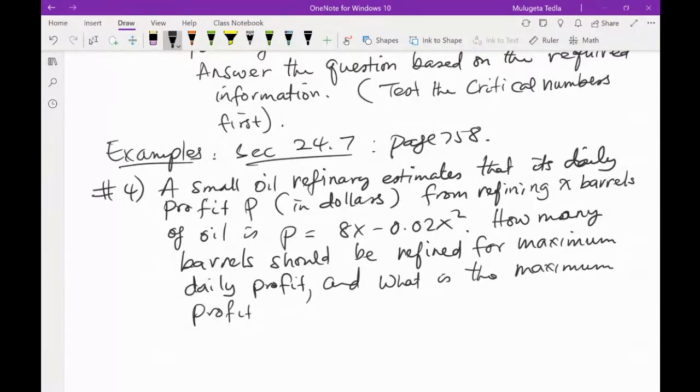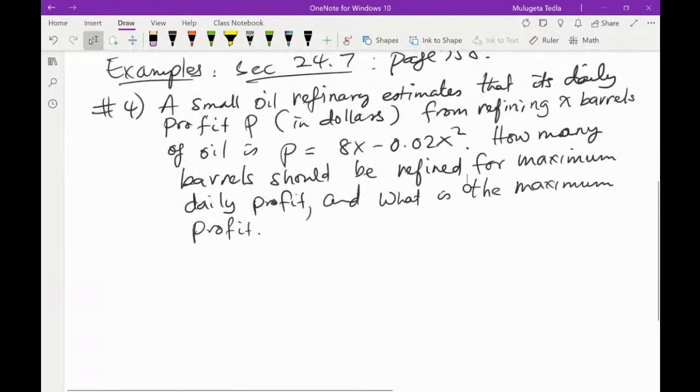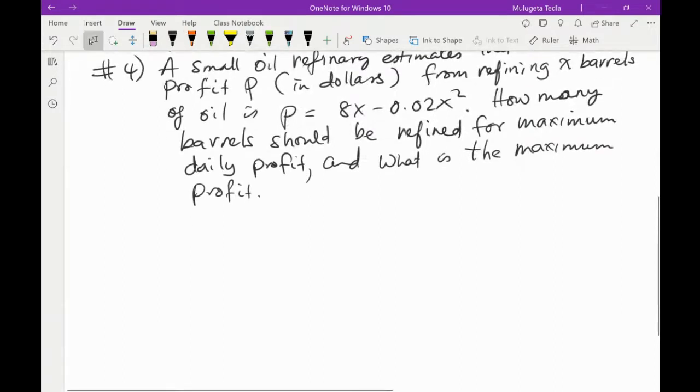So these guys don't want to guess. They want to analyze it so that they will have a definite answer. Obviously this is a quadratic formula. They could have done it without calculus, because a quadratic has one maximum or minimum point, and that's the point they want to find.